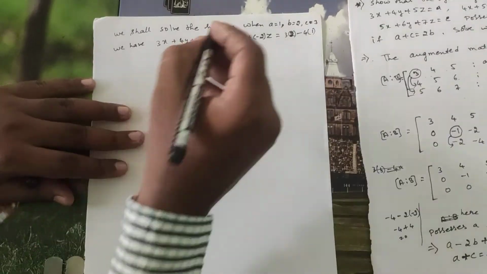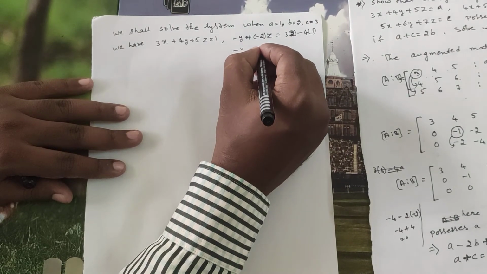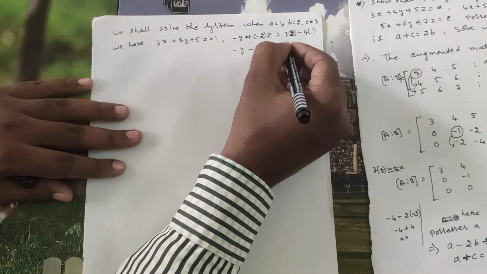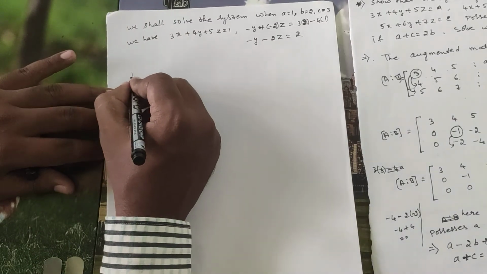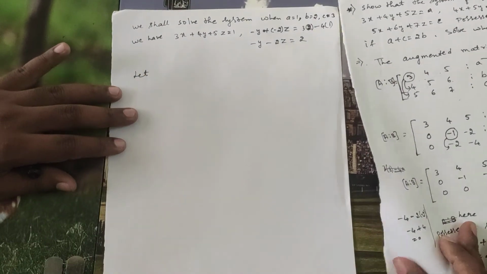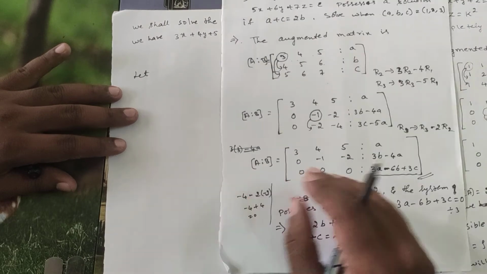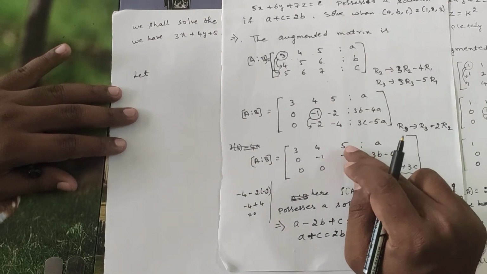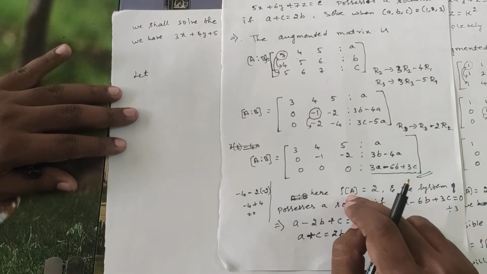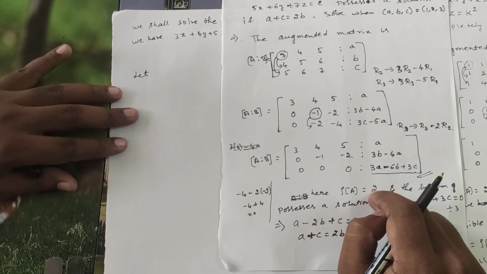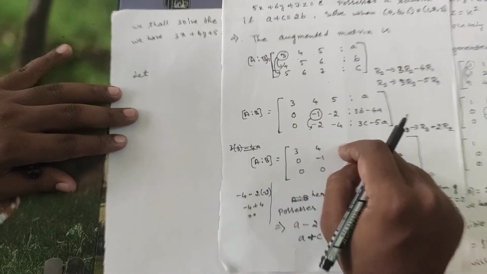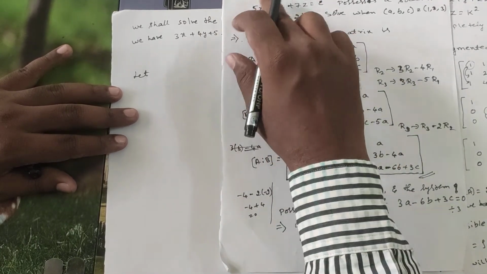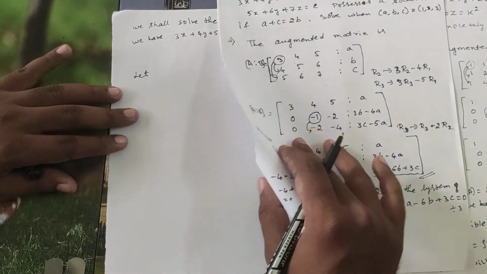So what do you get here, minus y minus 2z equals 6 minus 4, you will get 2. Now it is an infinite solution because here rank of augmented matrix is also 2, rank of A is also 2, so it is consistent, rank 2, but the number of unknowns x y z is 3.